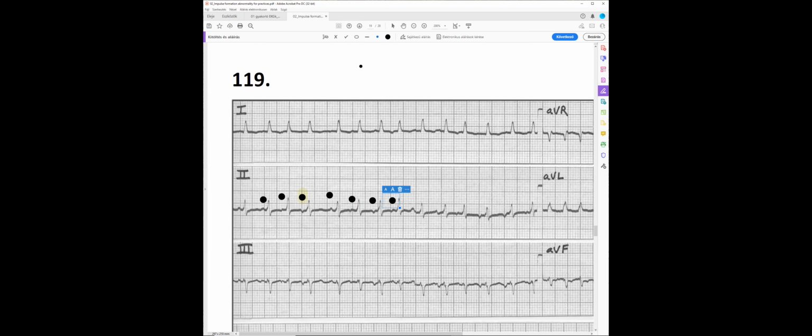Anybody? Arrhythmia absoluta with different P waves. That's called multifocal atrial tachycardia. Yes?